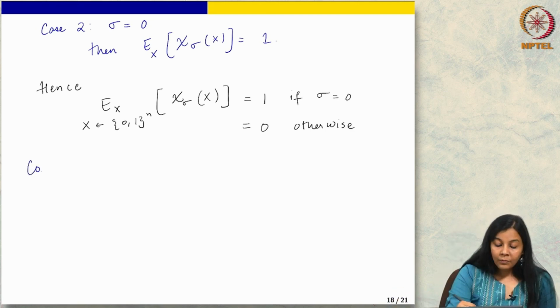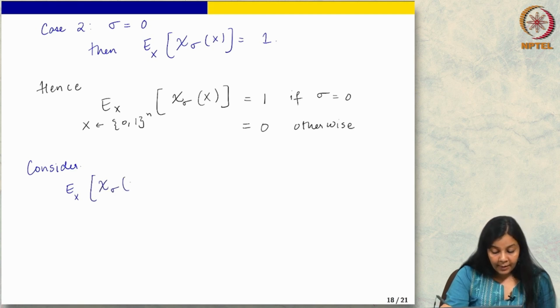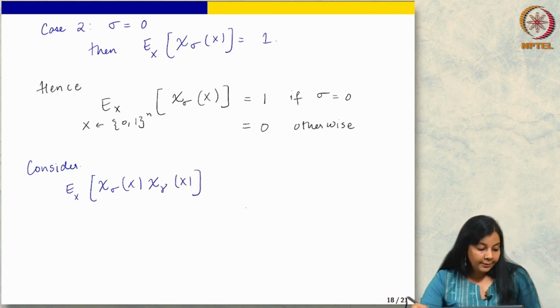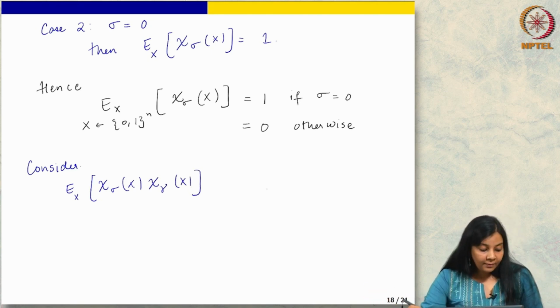Now consider our original problem, which was the expectation over x of chi sigma x chi gamma x.